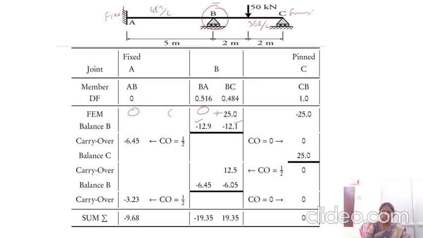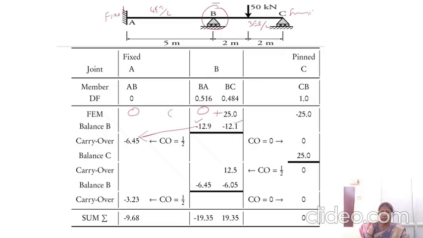So the carryover minus 12.9 divided by 2 is minus 6.45 should be added to the joint A, and here there is no carryover to the simply support condition.